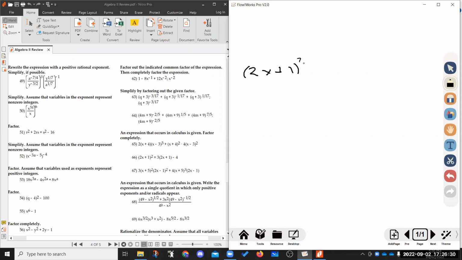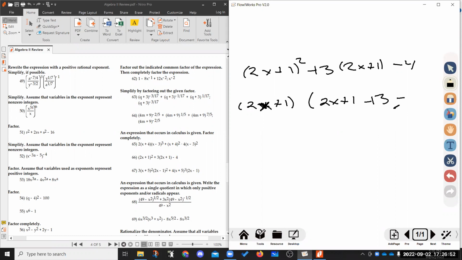(2x+1) quantity squared plus 3 times (2x+1) minus 4. We're going to factor out the 2x plus 1... Sorry, I'm getting ahead of myself here.